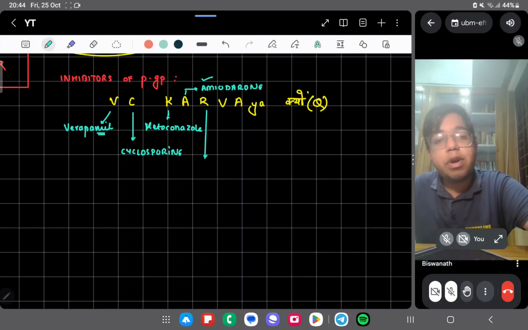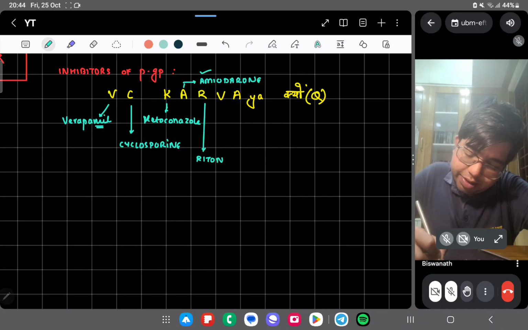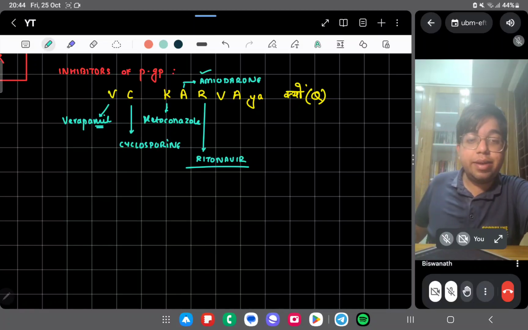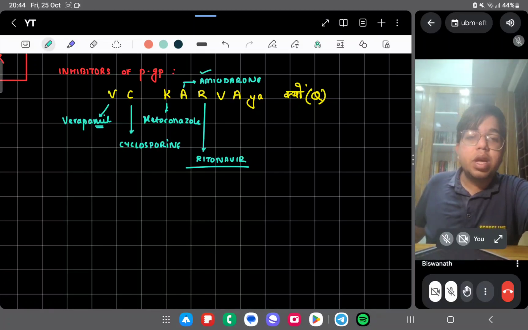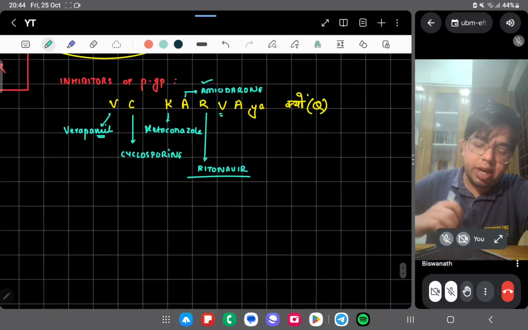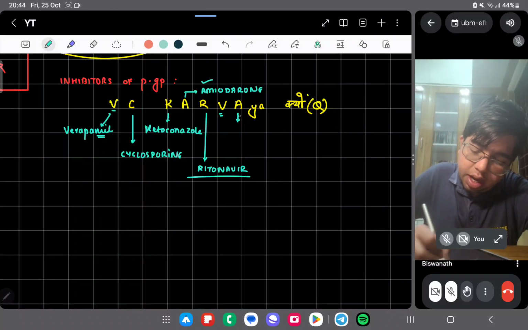R stands for the drug ritonavir. Okay, I'm sure you must have been surprised, right? Ritonavir can act both as a PGP inducer and a PGP inhibitor. V is just the variable, just two, V and A, are the repeated terms.